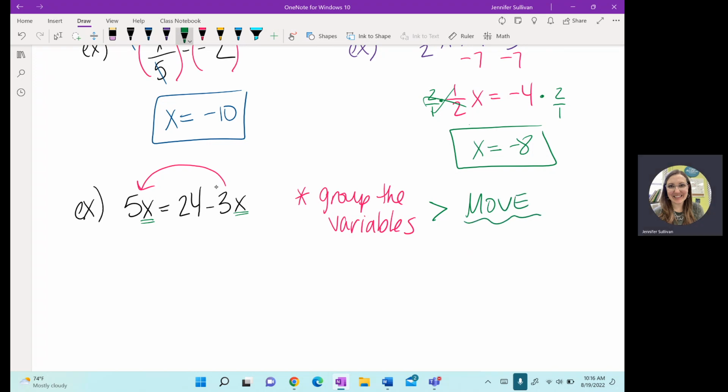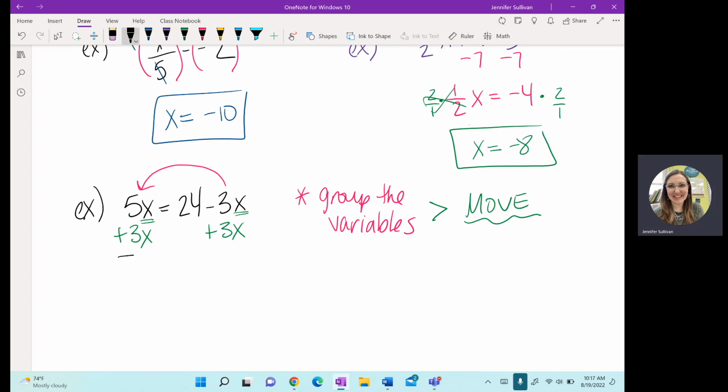And when I move it from one side to the other side of the equal sign, since I'm subtracting 3x here, I need to add the 3x to the other side. Okay, that's what moves it over here.